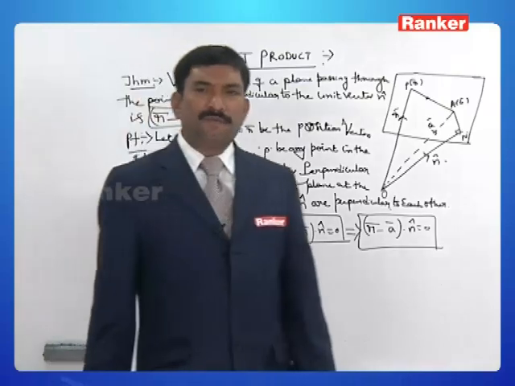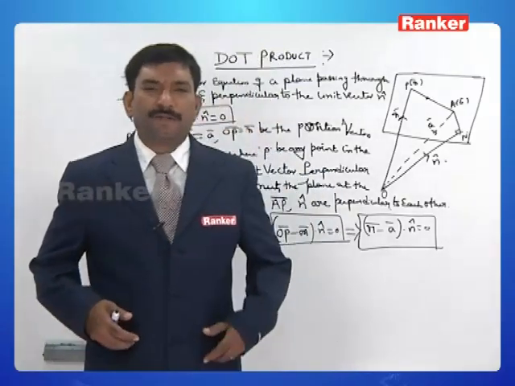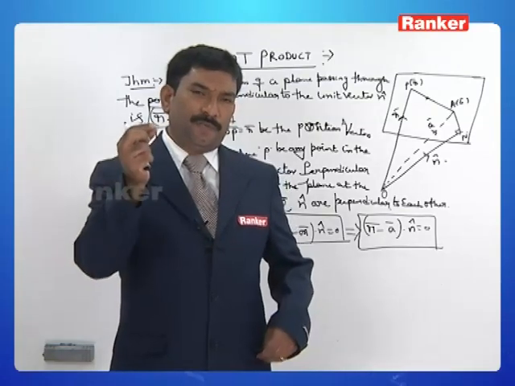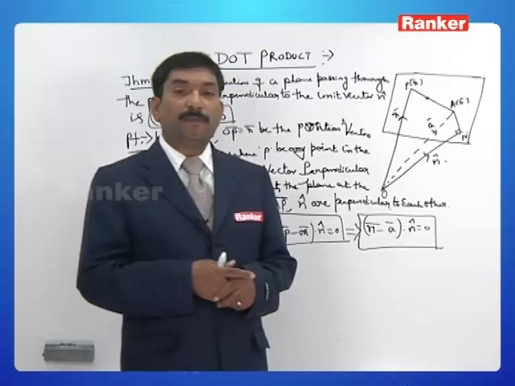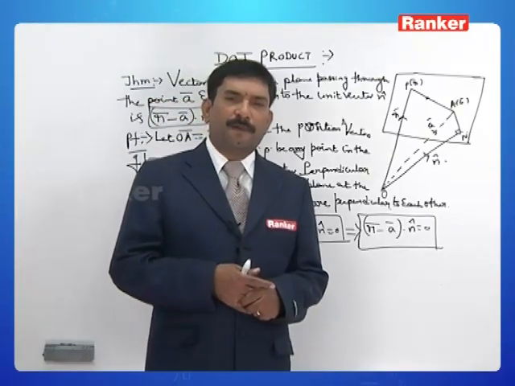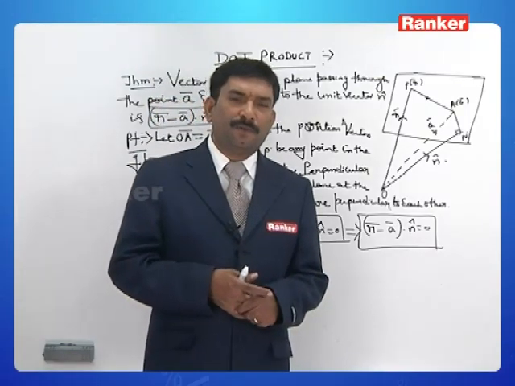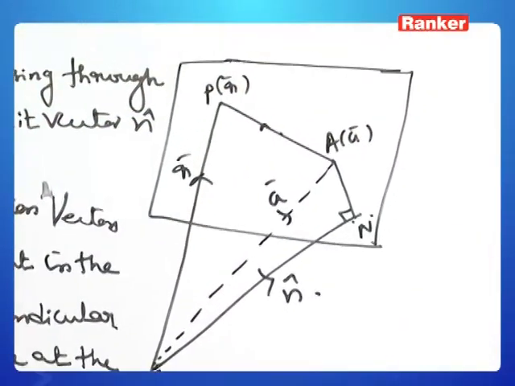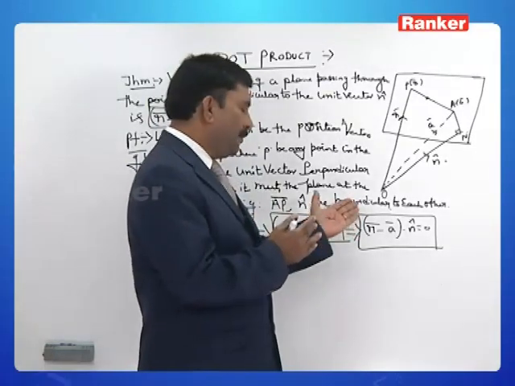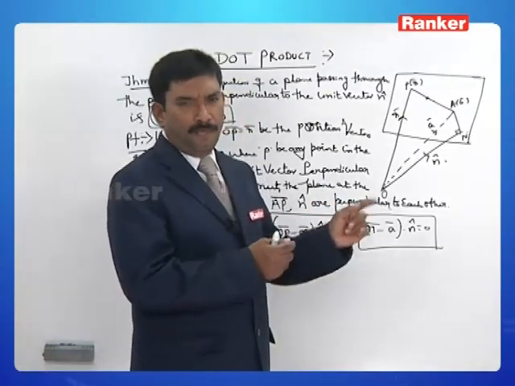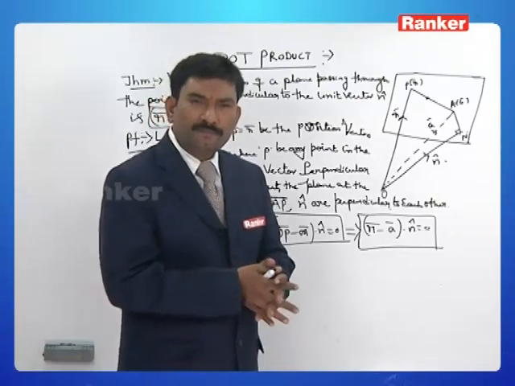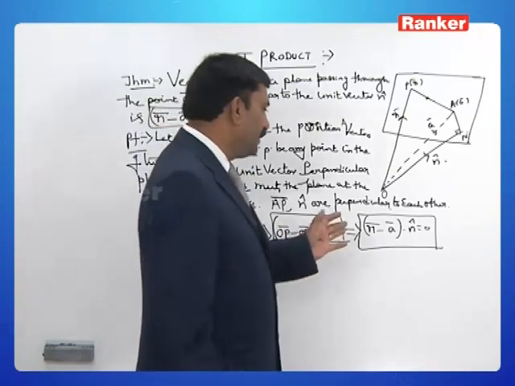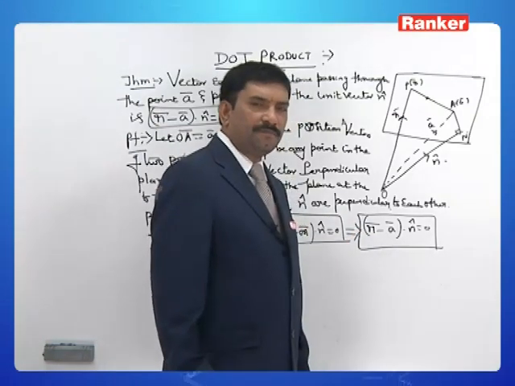This is the required vector equation of a plane passing through the point A bar and perpendicular to the unit vector N cap, given by R bar minus A bar dot N cap is equal to 0. This is the vector equation of a plane.